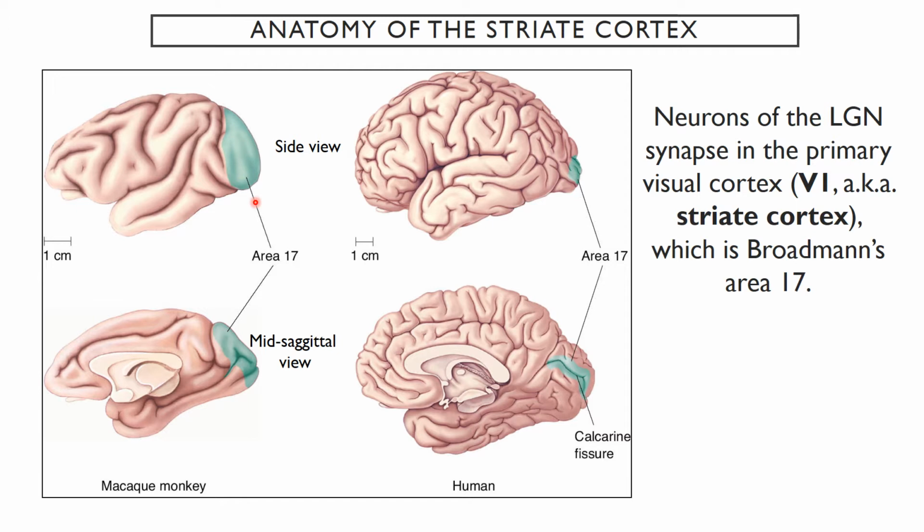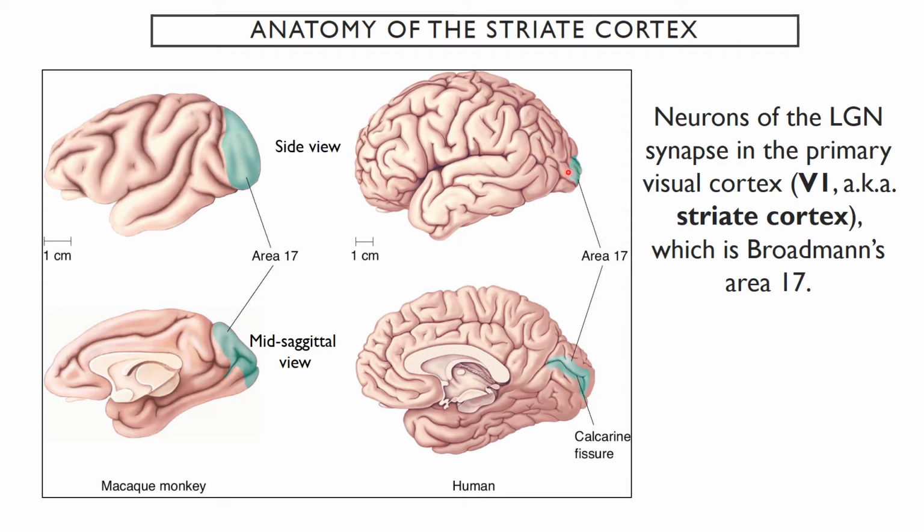So this is showing what the primary visual cortex looks like in two primates. The macaque monkey is a primate that has been heavily used for studies on the visual cortex and how it controls visual perception. And then this is showing where it's located in humans.